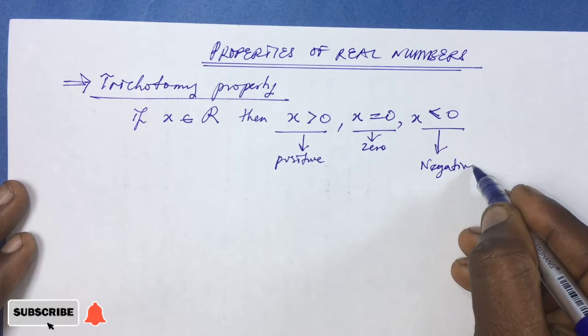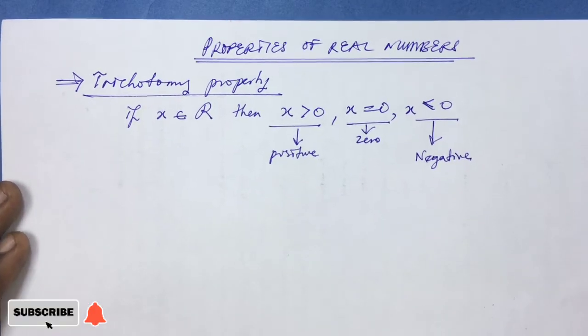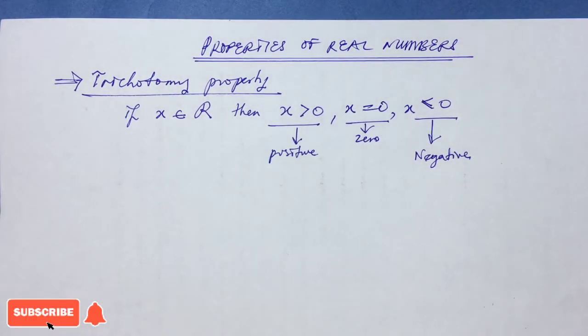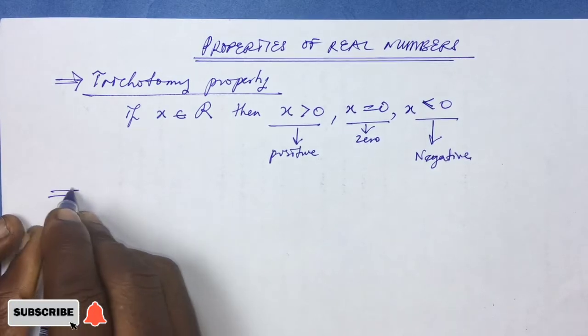So this property of real numbers is called the trichotomy property. It tells you that immediately you tell someone that a number is a real number, it means that number is either positive, negative, or 0. Those are the three options available for a real number.